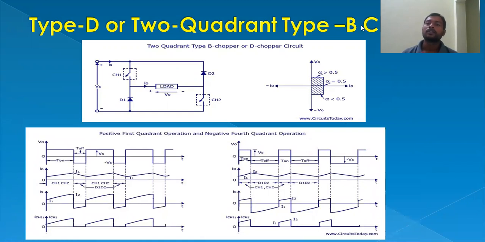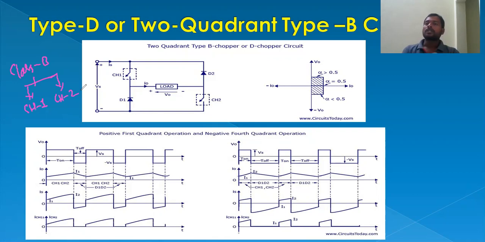So if you look at the operation, in class B chopper, chopper 1 is turned on and off separately and chopper 2 is turned on and off separately. So the difference between class B, class C and class D chopper is, in the class C chopper, chopper 1 is turned on and off separately, independent of the other thyristor, chopper 2.